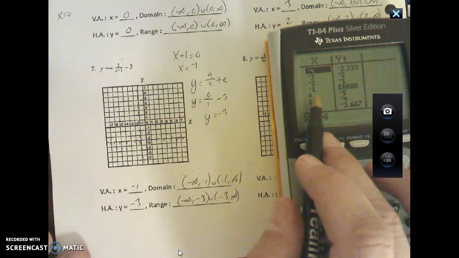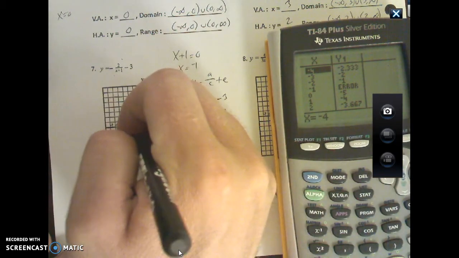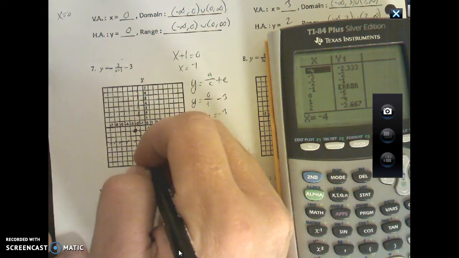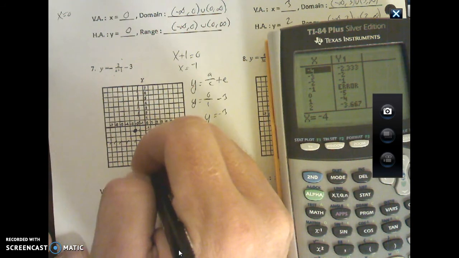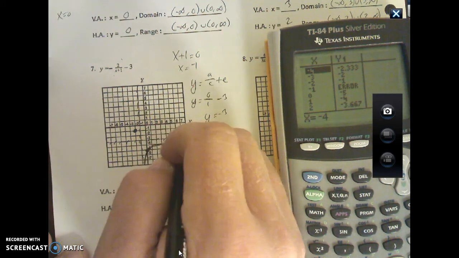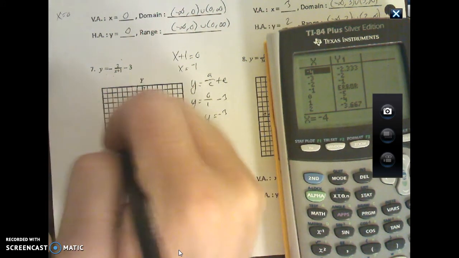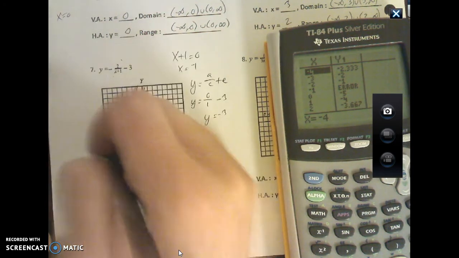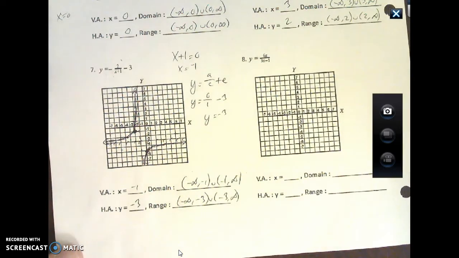Negative 2, negative 1. Right there. And then in front of it, 0, negative 5 is right there. Okay. All's well. Looking good.